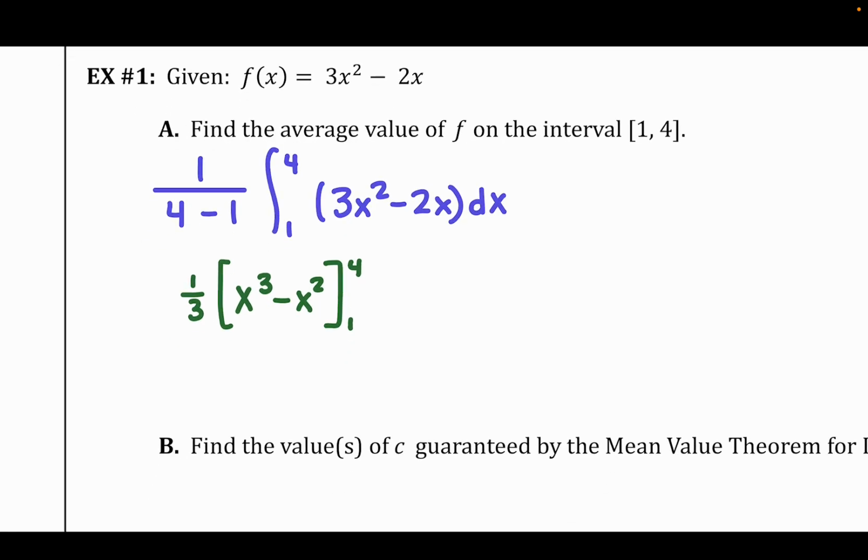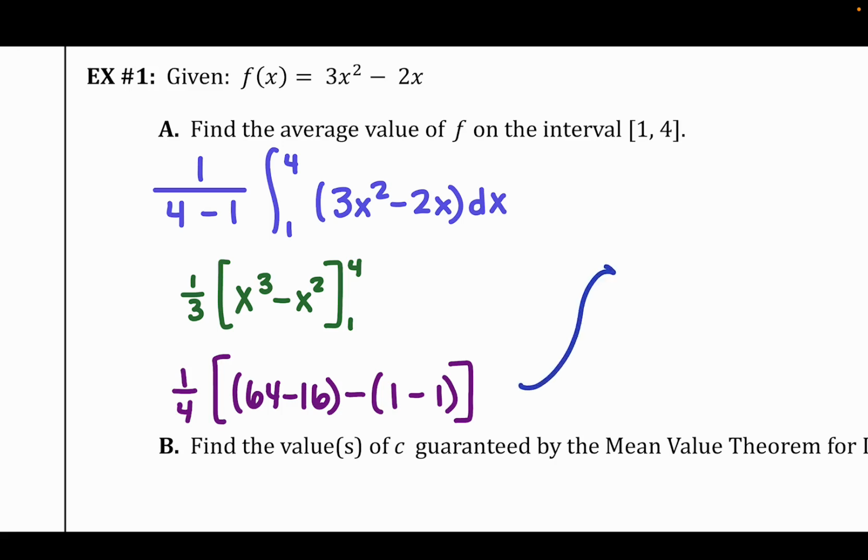So when I substitute in 4, that's going to be 4 cubed, so that's 64, minus 4 squared, so 16. All of that minus, now when I substitute in 1, I get 1 minus 1, so it's going to be 0. 64 minus 16 is 48, so then 48 times 1/3 would end up being 16.